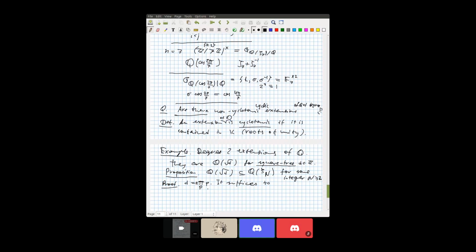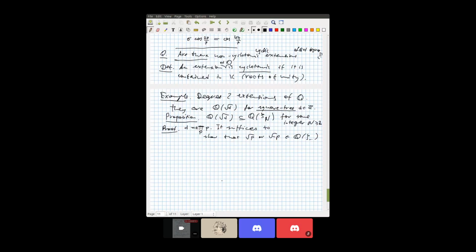It suffices to show that the square root of p or minus p belongs to some cyclotomic field ζ of something. Plus or minus doesn't matter, because we can always adjoin the square root of -1.